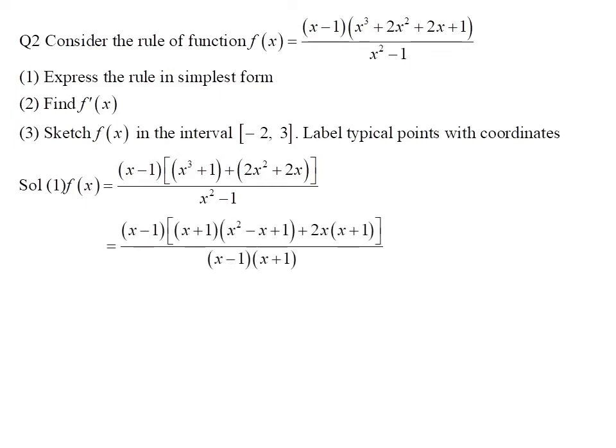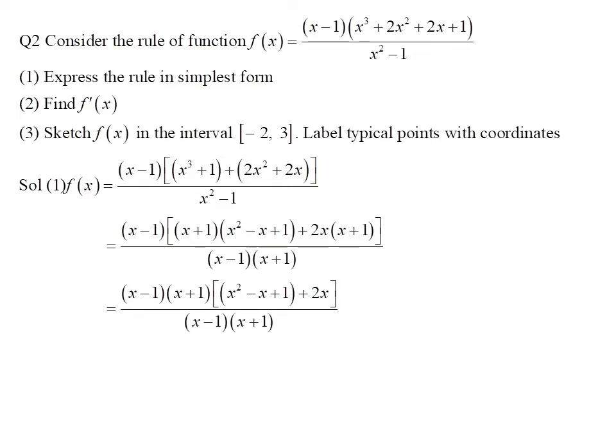On the numerator, after factorizing the group x cubed plus 1 and taking out the common factor of 2x from the group 2x squared plus 2x, there is a common factor of x plus 1 between the two groups.